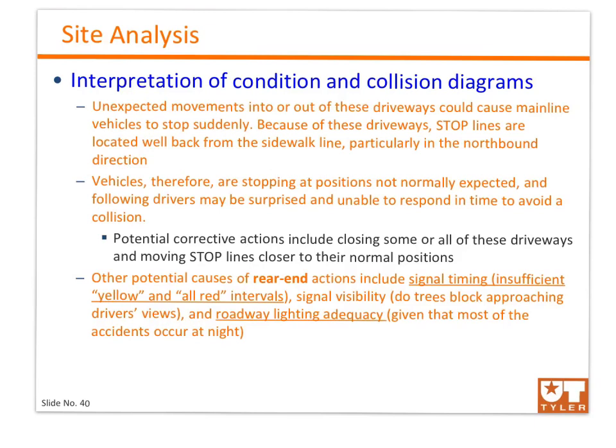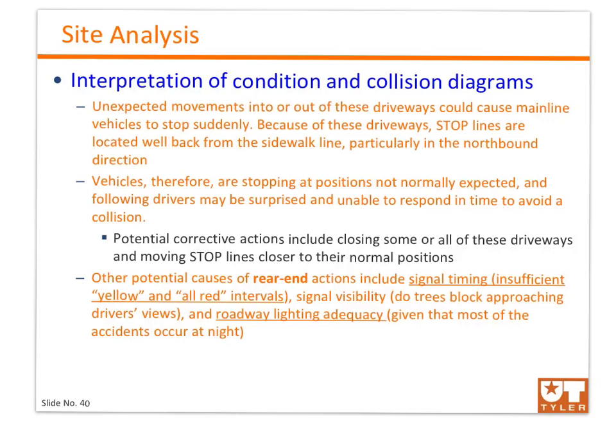Also, vehicles as a result end up stopping at positions not normally expected, and following drivers may be surprised and unable to respond in time to avoid the collision. So there's a great amount of work that can be done here. Potential corrective actions include closing some or all of these driveways and moving the stop lines closer to their normal positions. That could help improve the situation.